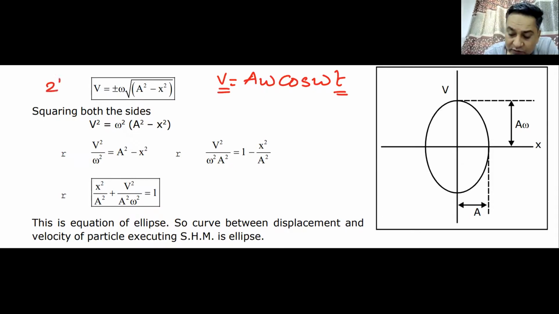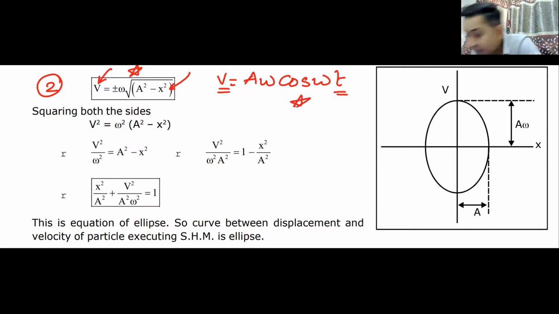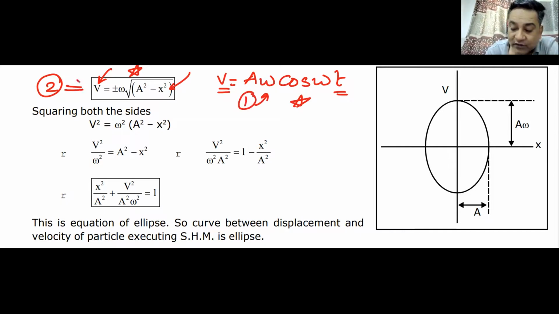In equation number 2, I am writing velocity as a function of x, where x is the displacement, and this is the formula: v is equal to plus or minus omega times root over a square minus x square. It can be in the forward direction or in the reverse direction. Very important formula. Both of these, do not forget any of these. First formula is velocity in terms of time. Second formula is velocity in terms of x. Do we understand this?